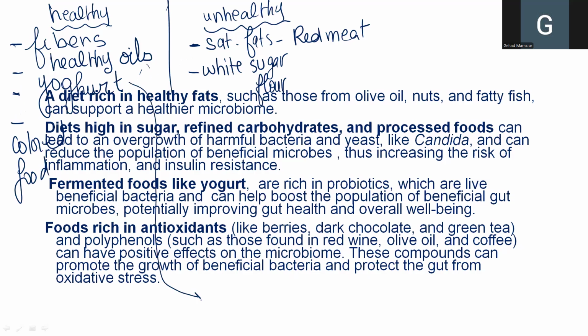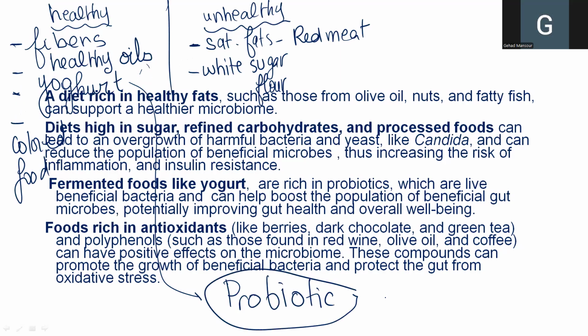Concerning yogurt, yogurt is very important because it is a probiotic, and it is very important to remember the difference between prebiotic and probiotic. We saw the prebiotics on the last slide. They are food for good bacteria, and the best example was the fibers, and they enrich good bacteria indirectly.